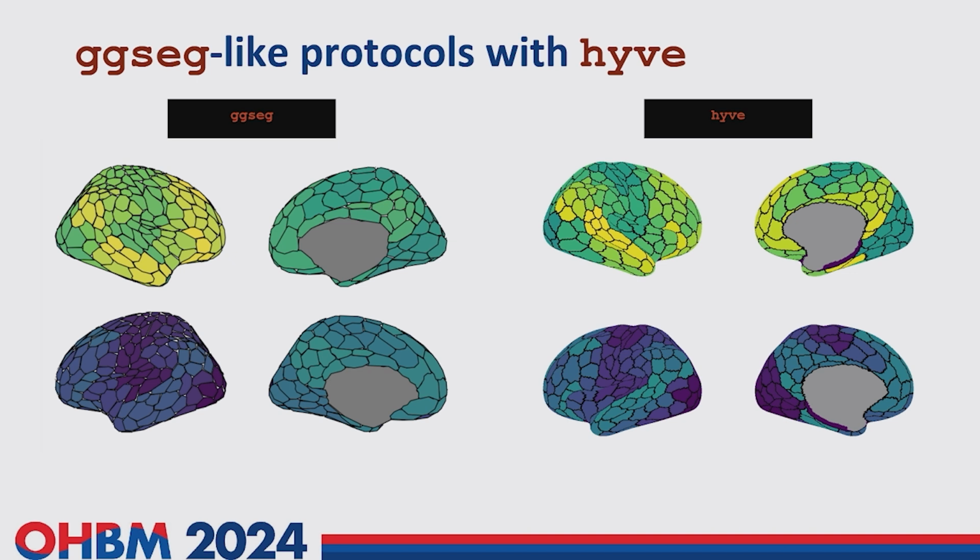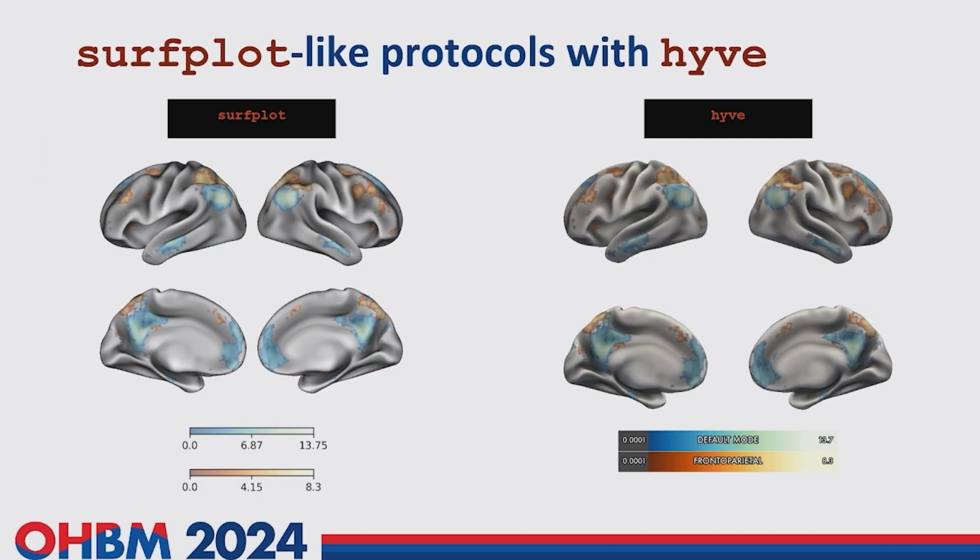Just for fun, to demonstrate the versatility of this engine, we composed some protocols in the approximate styles of some of our favorite existing libraries. So for example, if you like ggSeg, primitives like draw surface boundary and scatter into parcels can give you a ggSeg-like plot that ingests parcel-valued data arrays. Similarly, you can get surfplot-like functionality out of the box using the add overlay primitives to layer different data sets over one another.